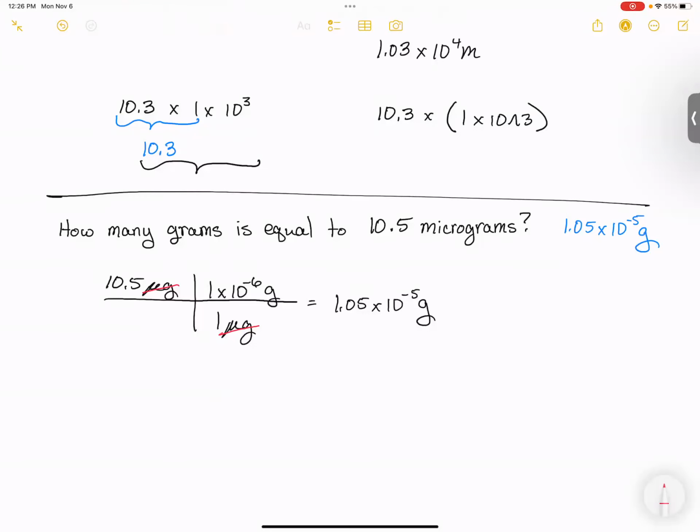Don't forget your parentheses. Okay. Any questions about that last one? Did you get 1.05 times 10 to the minus 5 when it's keyed into the calculator?